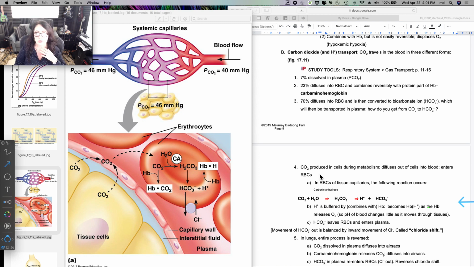So here is what is going to occur. So 70% of the carbon dioxide will diffuse into the red blood cell and then gets converted into the bicarbonate ion.